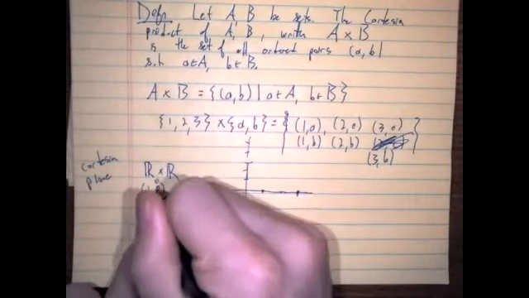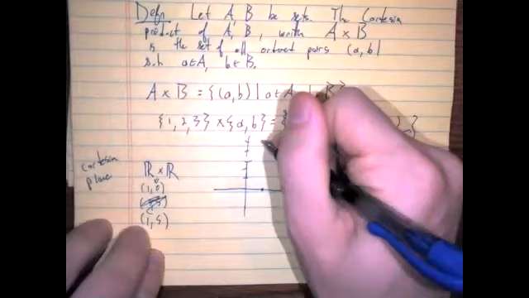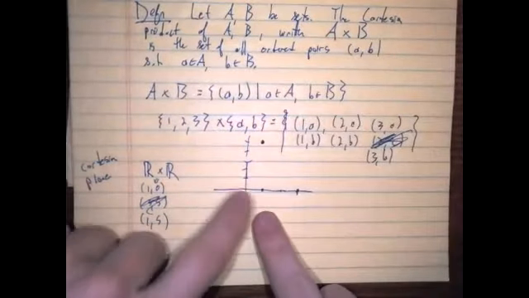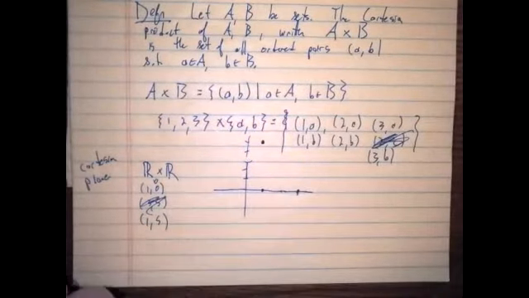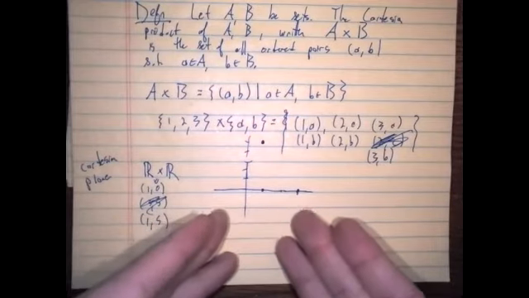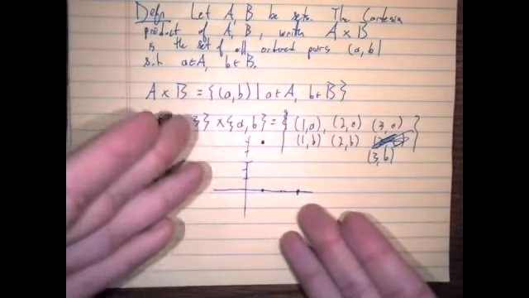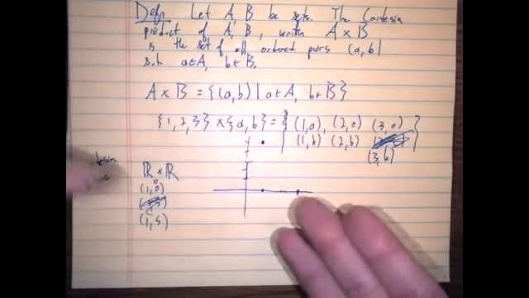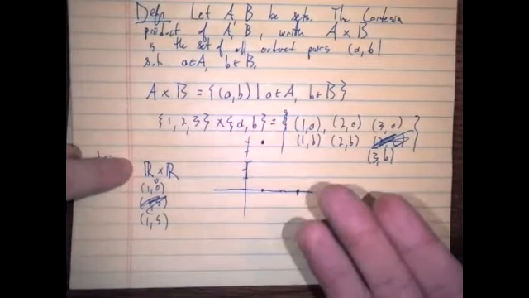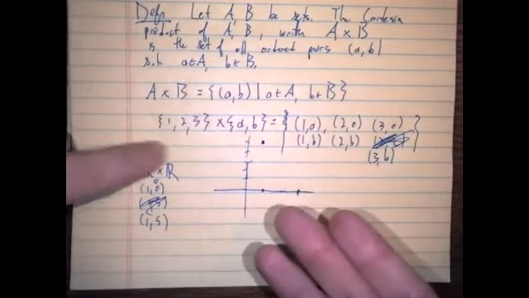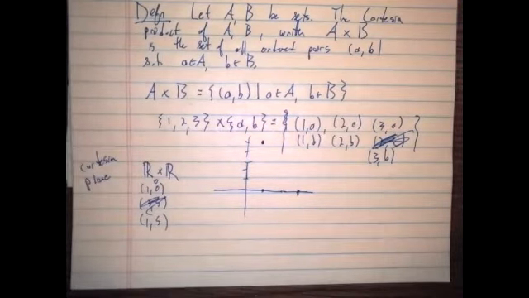Let's do (1, 5) instead. (1, 5) can be represented graphically as this element. So the Cartesian plane that you're very familiar and comfortable with can be described as a set as precisely the Cartesian product of R and R. Okay?